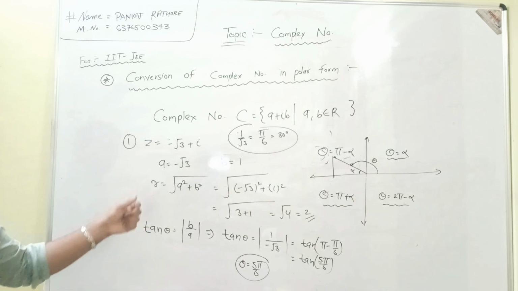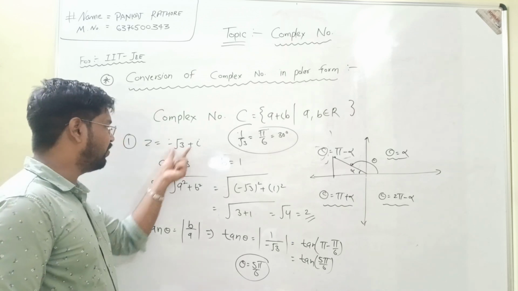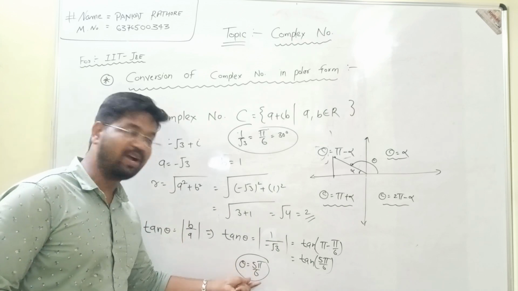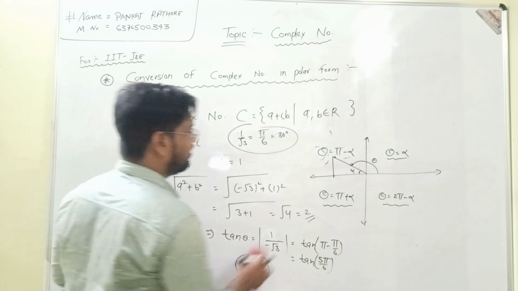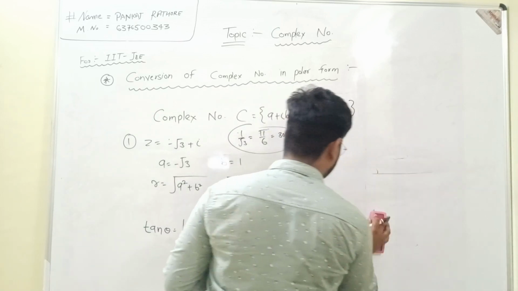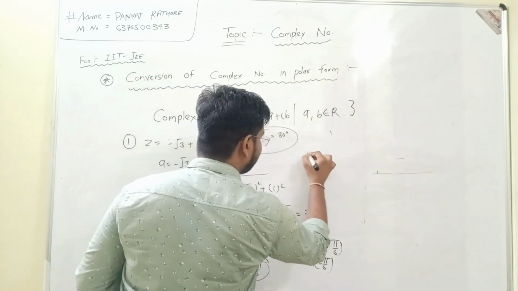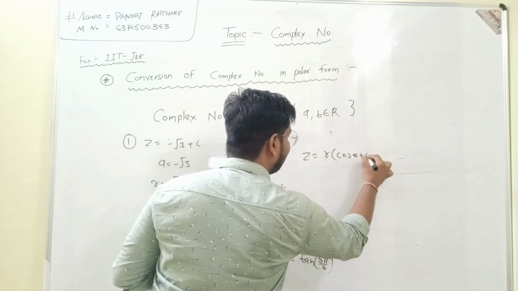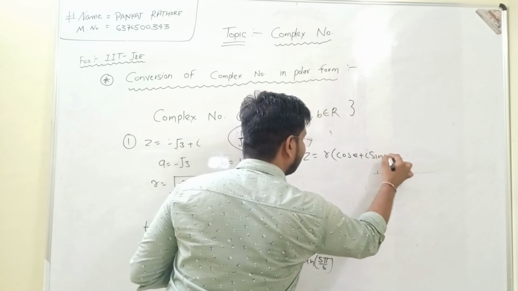Now we calculated that for this number r is 2 and theta is 5 pi by 6. So now the polar form is z equal to r cos theta plus iota sin theta.